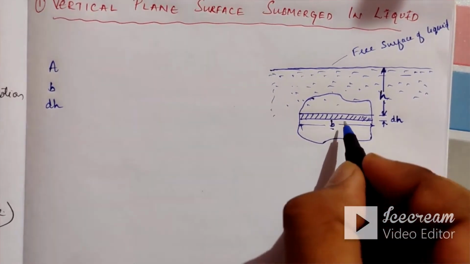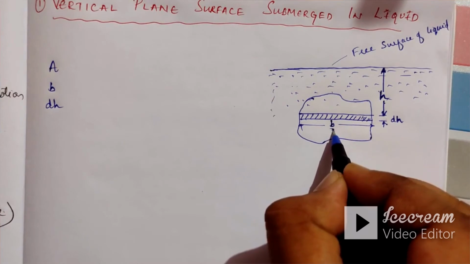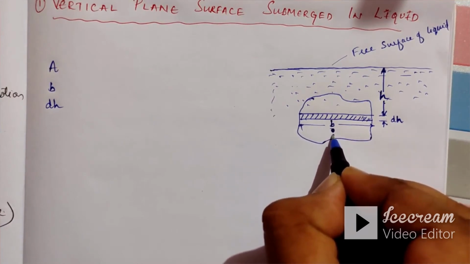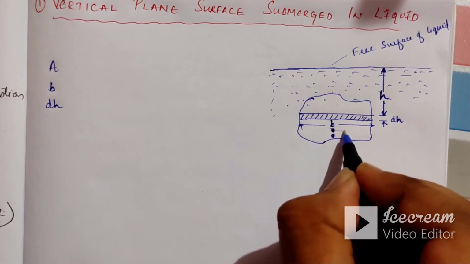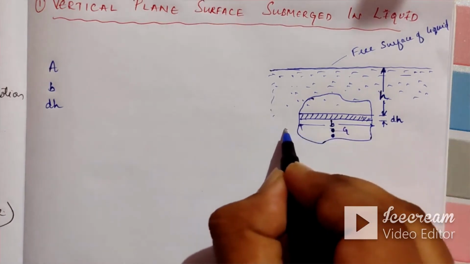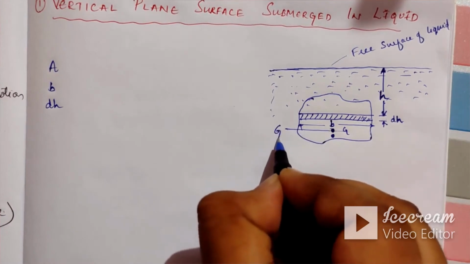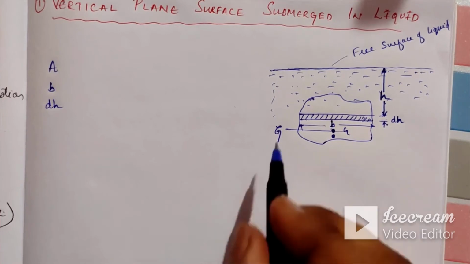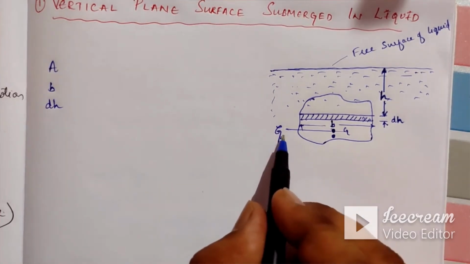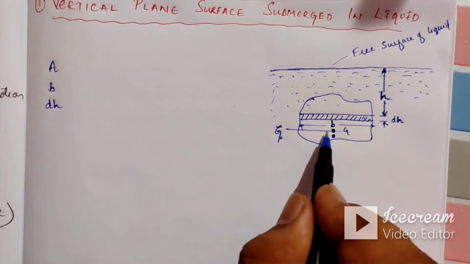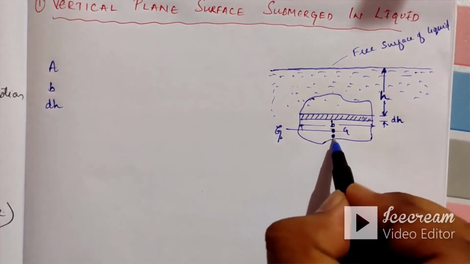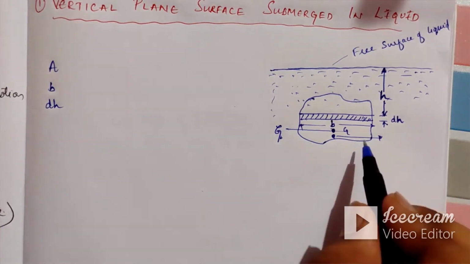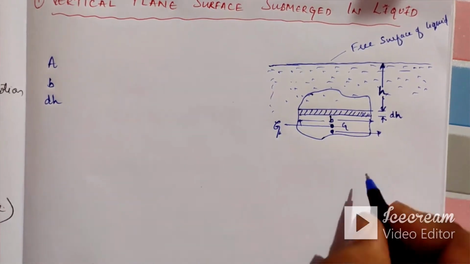Now, due to geometry, I'll consider a point in this, and this first point is G. As you learnt in your first year class, G is the centroid of the immersed surface.